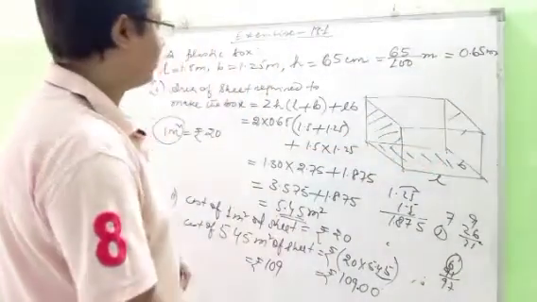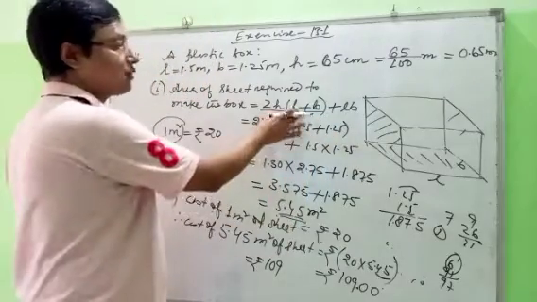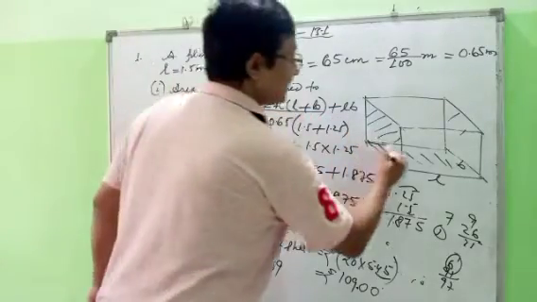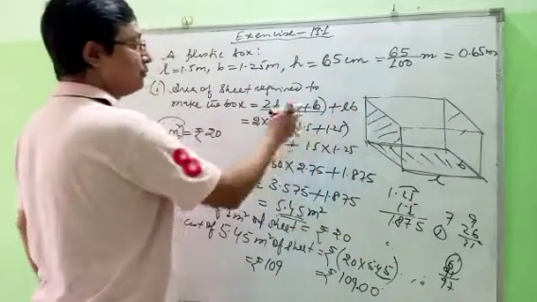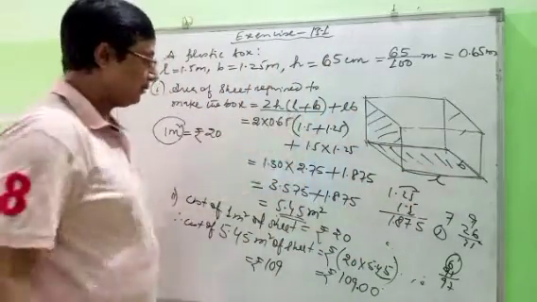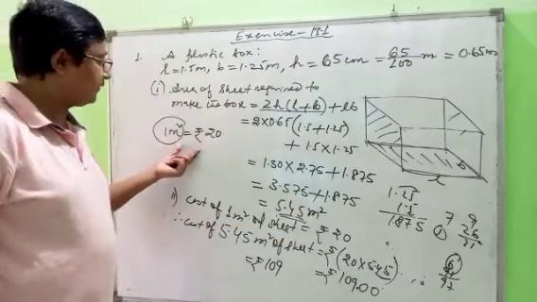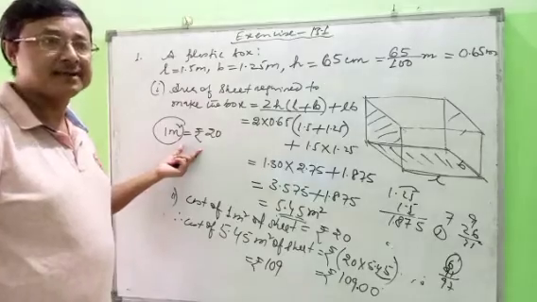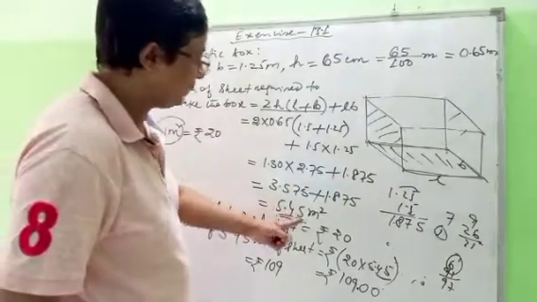They have used the plastic sheet on the remaining faces. So the formula is, this is the area of 4 walls. So the 4 walls of the room plus the base. So you have counted this. So length into breadth. Then by putting these values, you have got 5.45 square meter. Now here they have given that you have to find the cost of the sheet. So how much sheet was used? 5.45 square meter.